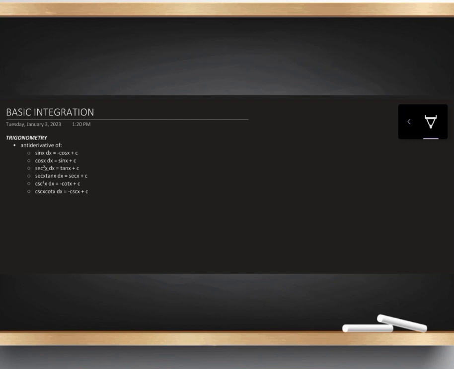So let us try. So for our first example, we have the integral of 3 sine x plus 6 cosine x dx. So in this problem, we simply have to copy the constant and get the integral of the trigonometric function.